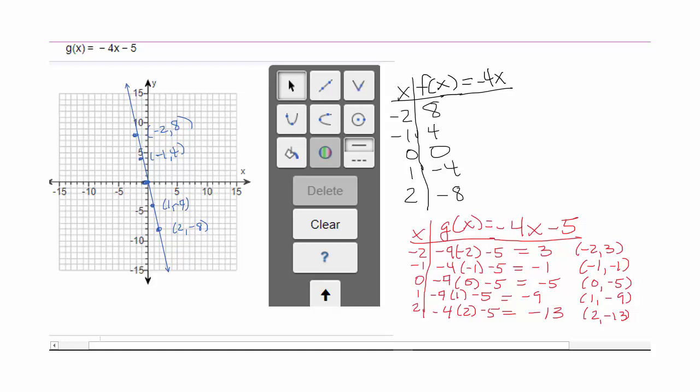All right, so -2, 3 would be here. Okay, -1, -1 would be here.